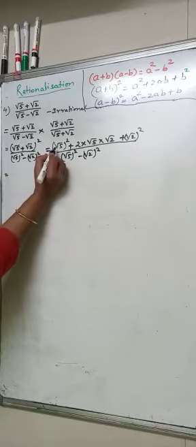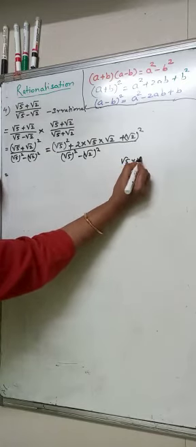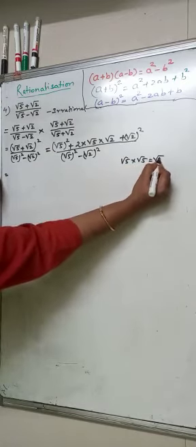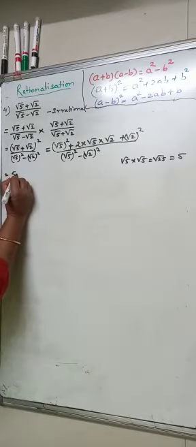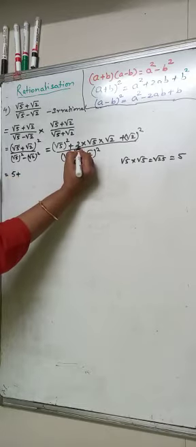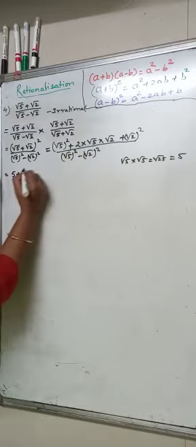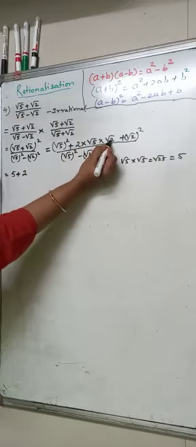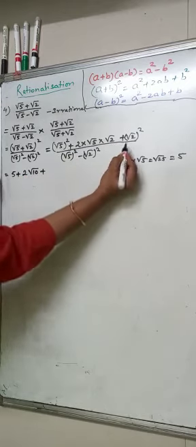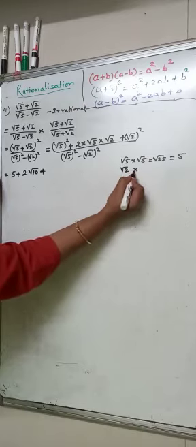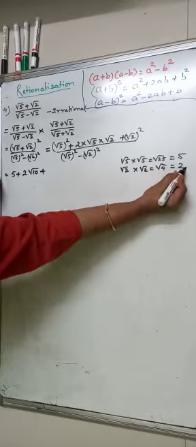That is equal to, now (√5) the whole square is √5 into √5, that is √25, that is equal to 5. So 5 plus 2 into √5 into √2, the 2 as it is, √5 into √2 is √10, plus (√2) the whole square is √2 into √2, that is √4 equals 2.